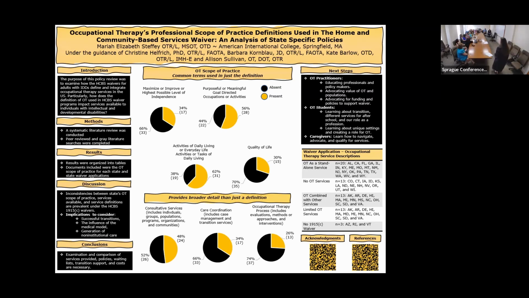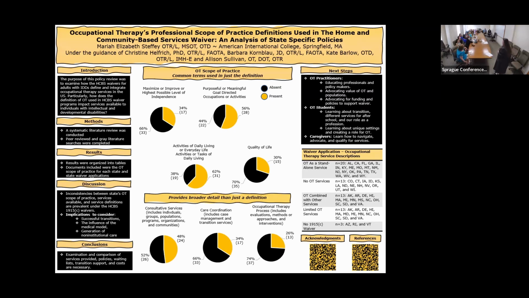Do you want to talk a little bit about what you've done beyond this? Yes. And the other point I just wanted to make is that the state waivers, they're state waivers. Yeah. So each state controls it. Yes. And each state can modify and change the definition, and a lot of states can say that, oh, we can have PT and speech and everyone else double and come in and do whatever role.